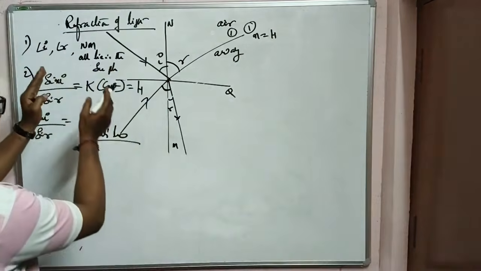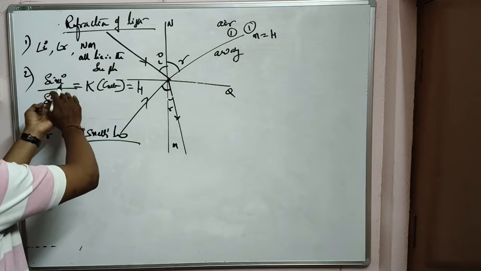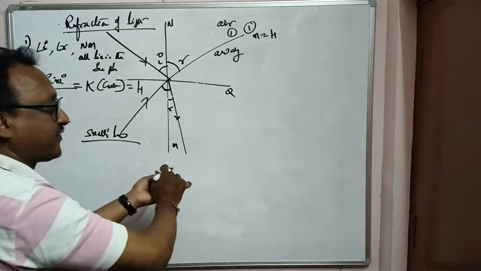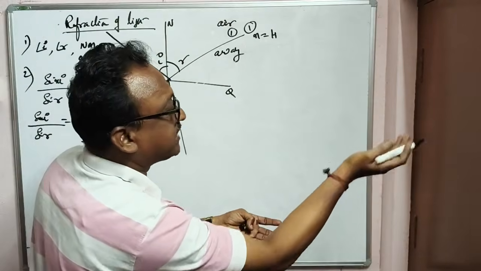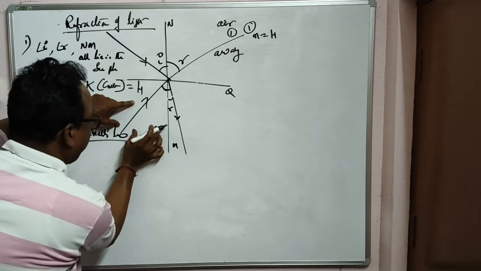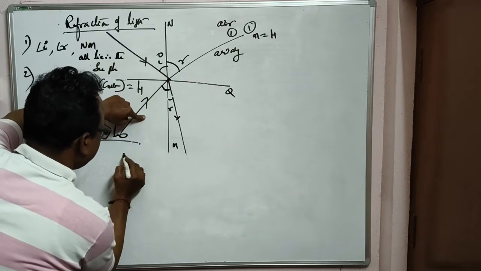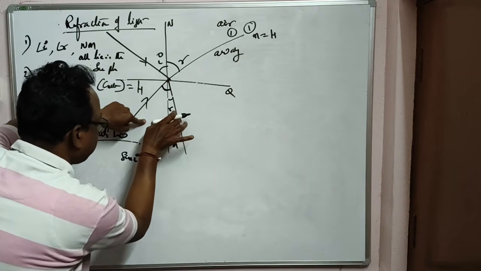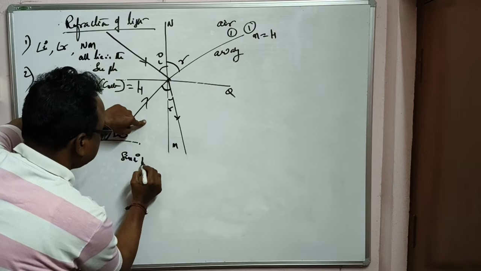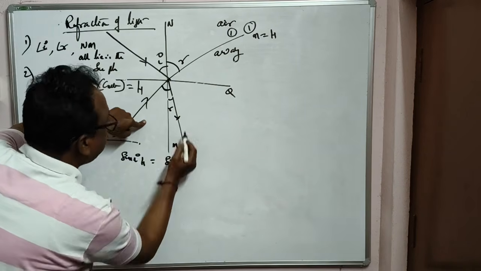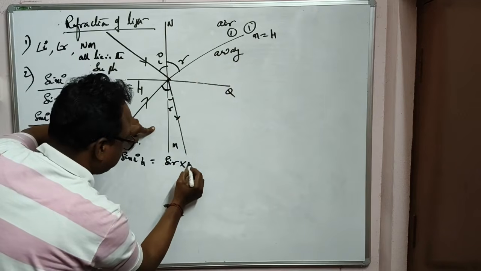That means sine of angle of incidence in one medium times the refractive index of that medium is equal to sine of angle of refraction in the other medium times the refractive index of that medium. For example, in this medium light is entering. So sin I in this medium, refractive index in this medium, is equal to sin R in that medium, refractive index in that medium.